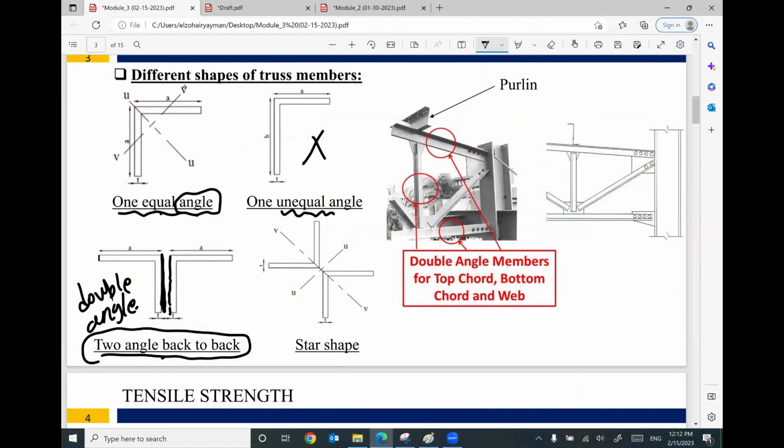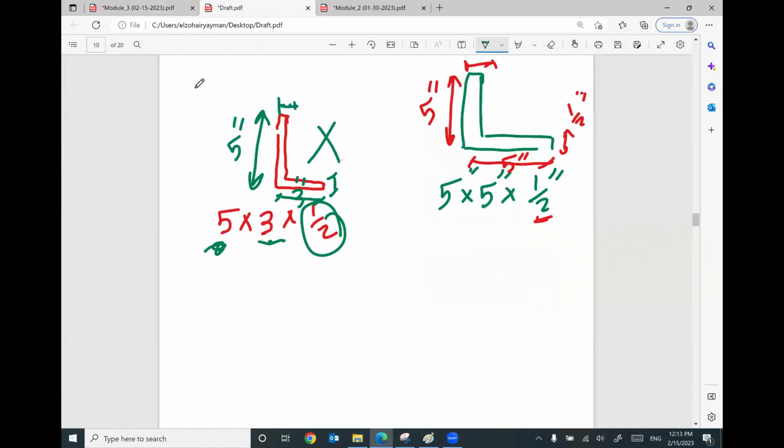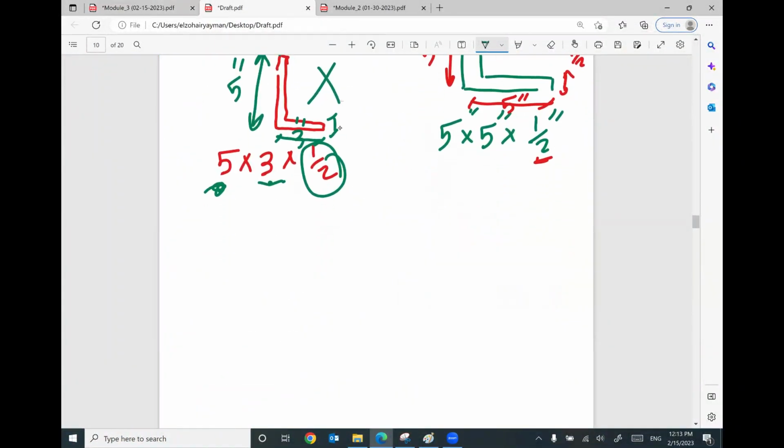That makes sense? Sometimes we will put the double angle or the two angles like a star shape. This shape. Here is the first angle, and here is the second angle. Both of them look like a star and are connected together. You will ask me a good question: how can we connect the two angles like this together?